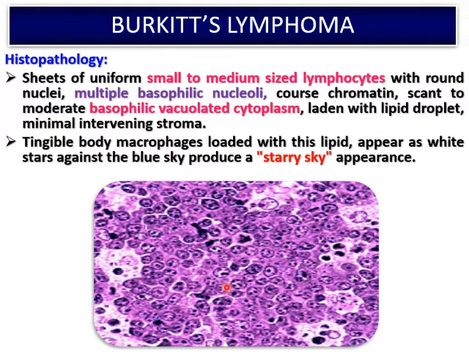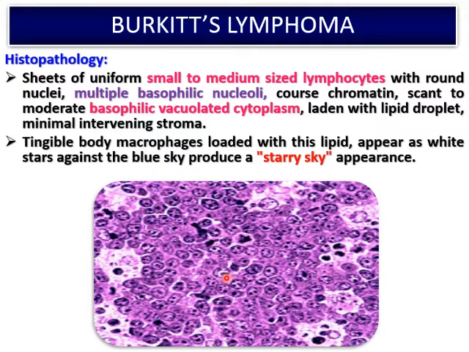Burkitt's lymphoma is characterized histologically by a very characteristic feature. Usually it is formed of sheets of small to medium-sized lymphocytes with round nuclei, basophilic cytoplasm, and basophilic nucleoli. So we have infiltration of the lymph node by small lymphocytes with bluish cytoplasm and bluish prominent nucleoli.